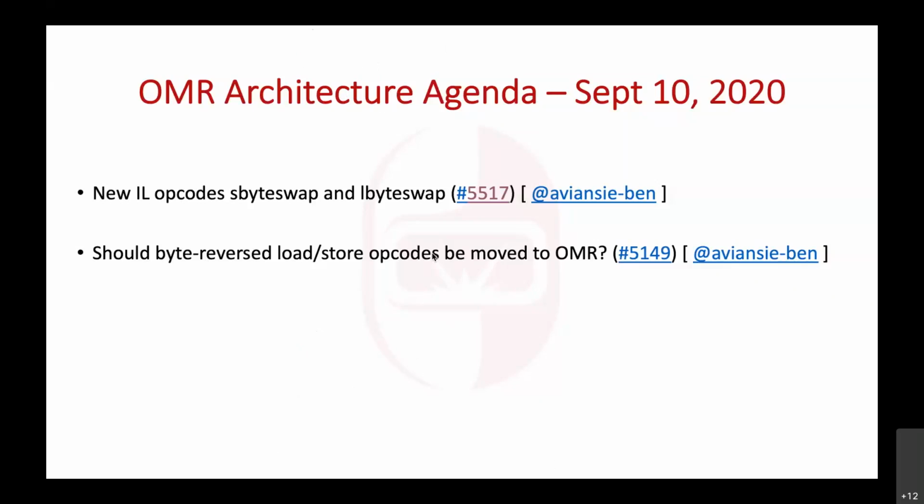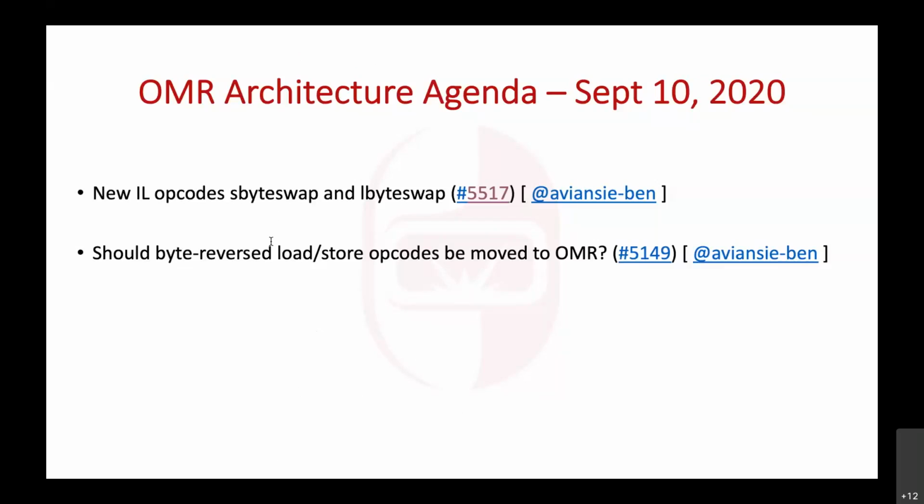This is technically a single operation on power. However, it has been brought up that it's probably better to target a pattern match in the code generator to do this rather than having special opcodes for it. So I'm of the opinion that probably we shouldn't move them in.